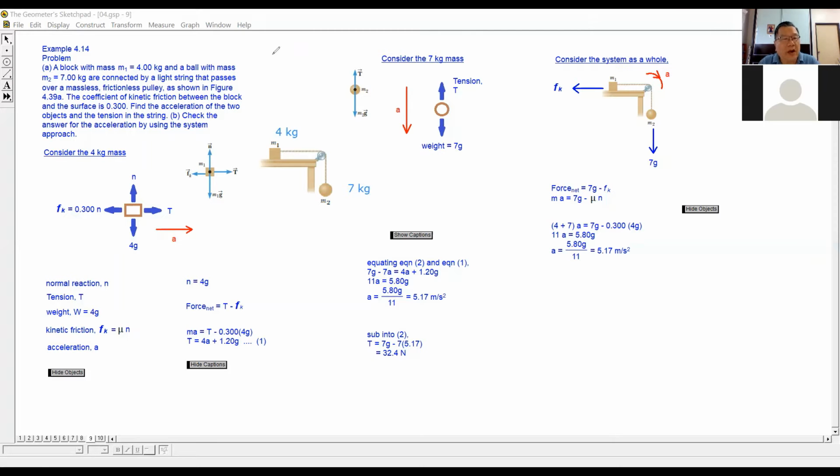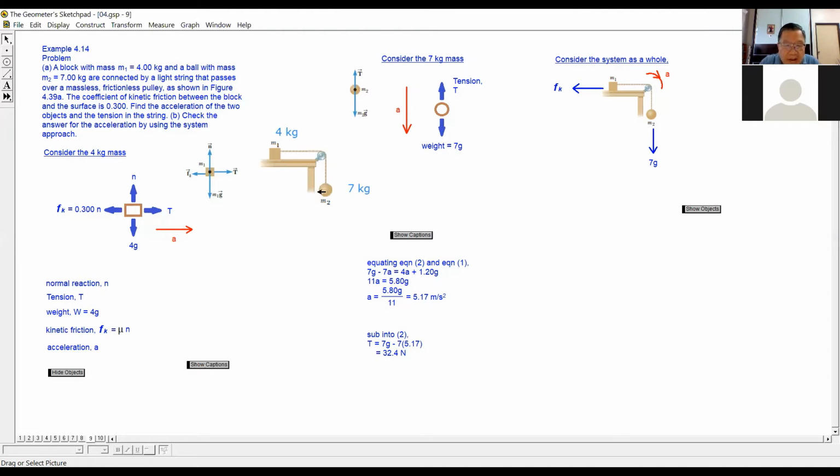Okay, so I hide this first. Although there are two objects connected together, the first one we are going to look at is this 4 kilogram mass alone to form the equation.